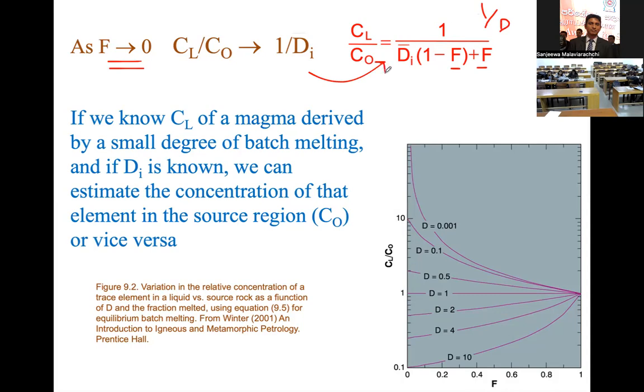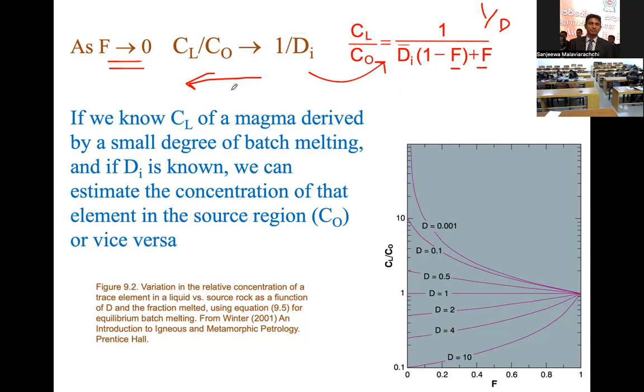That's understood, right? If there is no melting, it's not really meaningful, but just for our discussion, the point of 0 doesn't mean that you are not melting. The point is you are decreasing the fraction of melt produced, and then you want to compare in some situations.